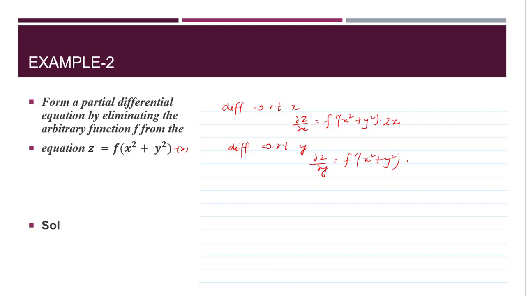So this is my first, this is my second. Again if I simplify it, then from first and second I can say p by q is equal to 2x by 2y, or I can simplify it, then py minus qx is 0. So this is the required partial differential equation.